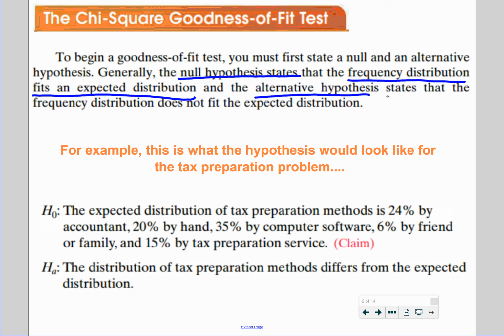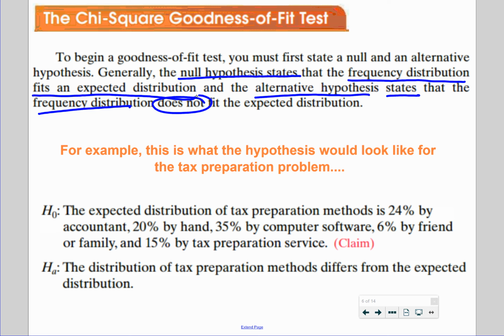So the alternative is always going to state that the frequency distribution does not fit the expected distribution of being uniform or whatever, okay? So for example, we just did a tax problem a minute ago where there were different categories and there were percentages of people that answered that they use an accountant or computer software or whatever to do their taxes. This is what a null or alternative hypothesis would look like.